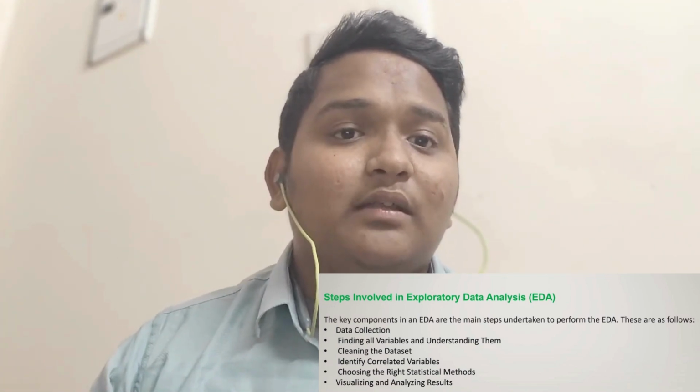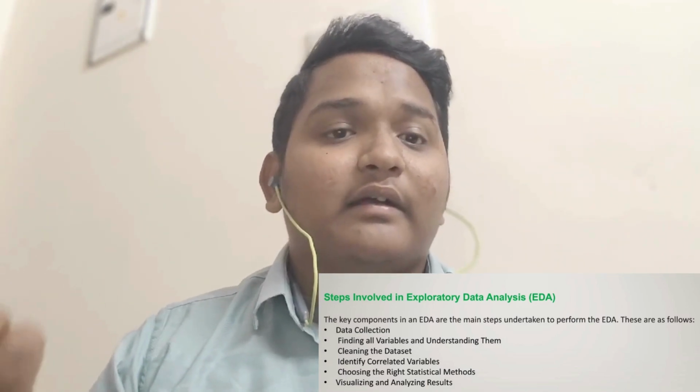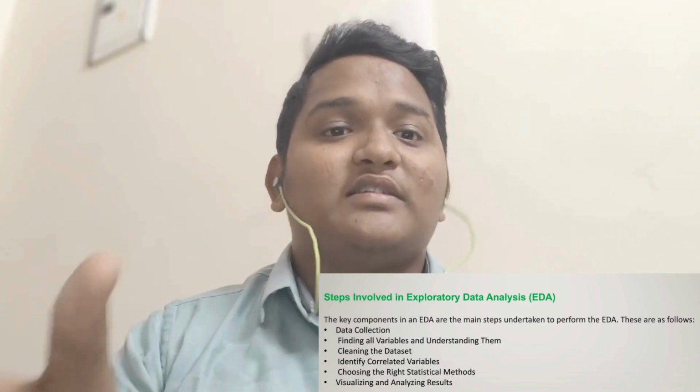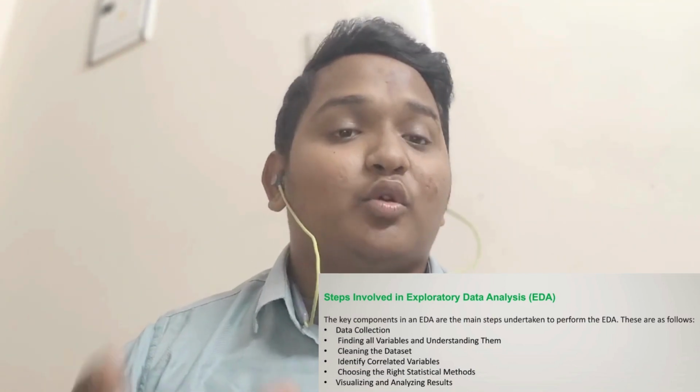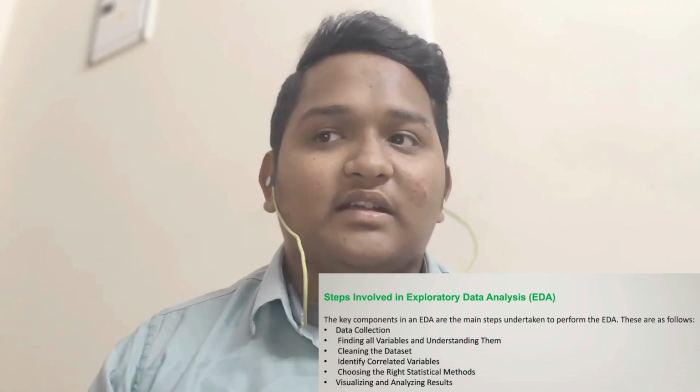What it means is that in the dataset we have some features, right? Among those features we have to do correlation, and we have to identify what are the correlated variables in the dataset. Next one is choosing the right statistical method.